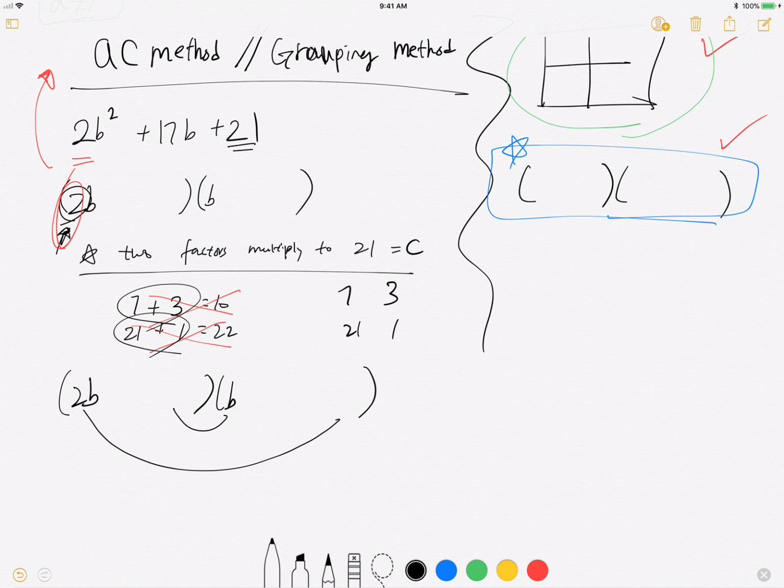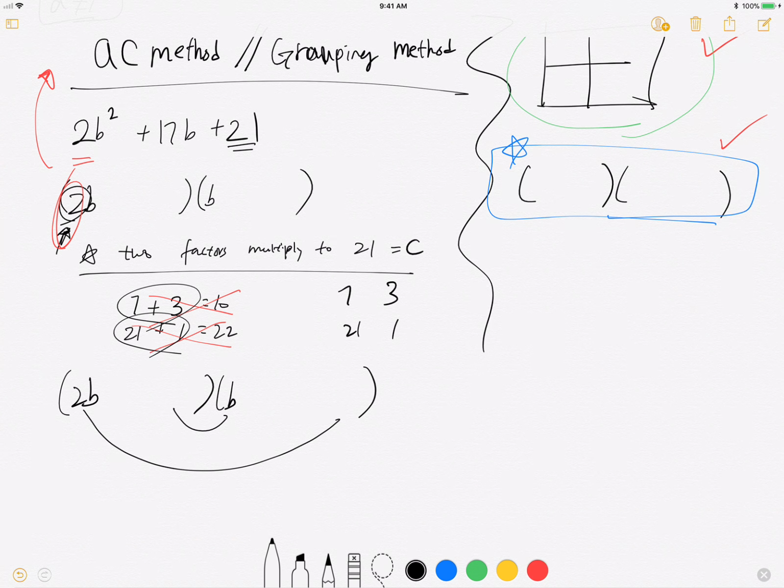And this pair is the only one that can add to give you 17. So then I know that I'm going to separate the middle portion, 2b squared plus 17b plus 42, so that I can factor by grouping. Here I'm going to separate it into plus 14b plus 3b plus 42.